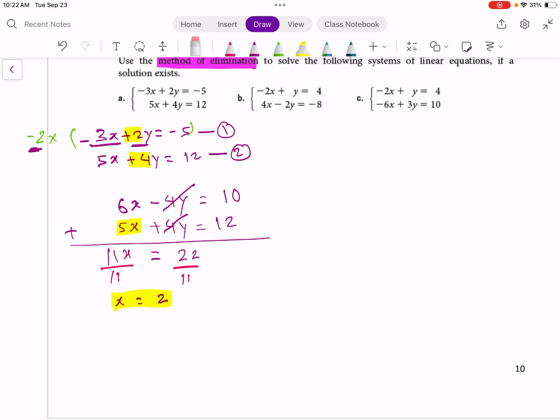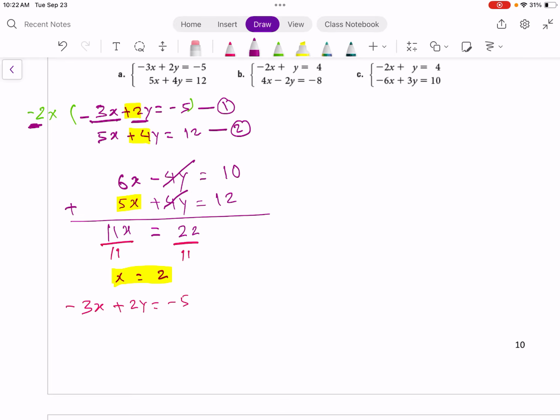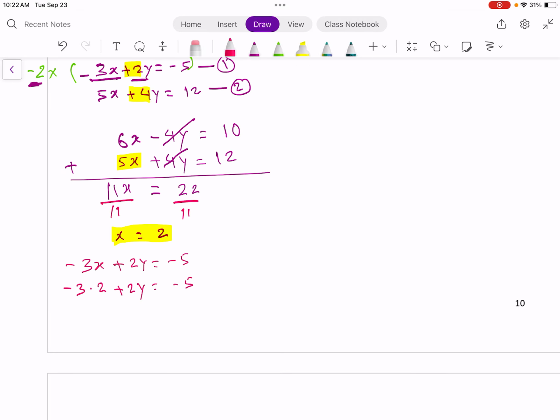So our equation 1 is, let me write it down, negative 3x plus 2y equals negative 5. Now let's replace our x by positive 2. So negative 3 times positive 2 plus 2y equals negative 5. We are solving. So this is negative 6 plus 2y equals negative 5.